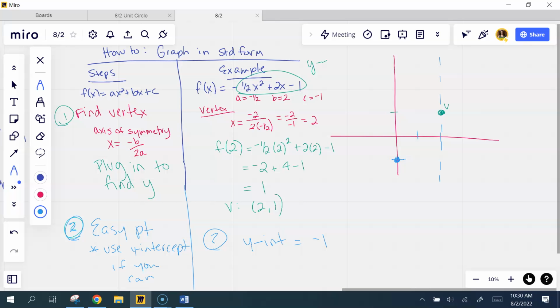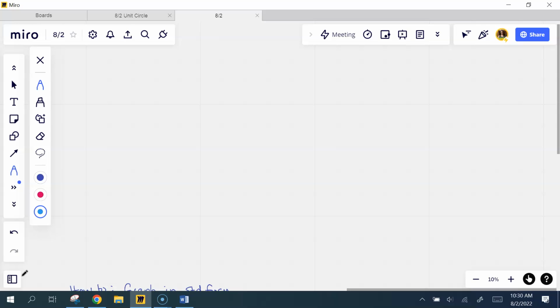The further away from the vertex that I get, if this is at x equals 1, then if I picked x equals 10, look how high up I'm going to have to go to get there, right? So I want to stick close to the vertex.